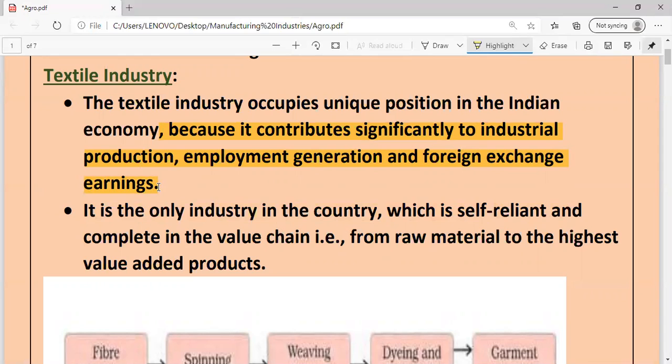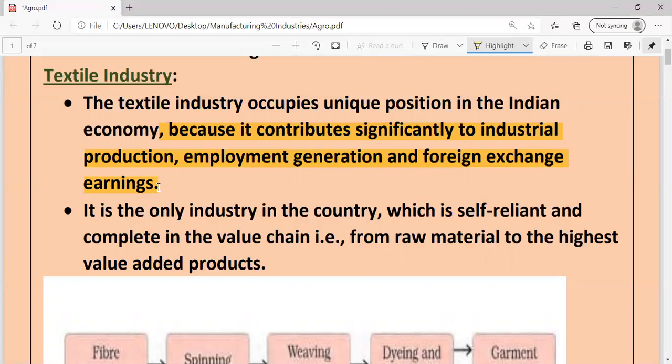In a populous country like India, we need to generate more and more job opportunities, and the textile industry provides a lot of job opportunities and helps in earning foreign exchange. Foreign exchange means foreign currency. When you are selling your goods to foreign countries, they are paying you back in foreign currency.